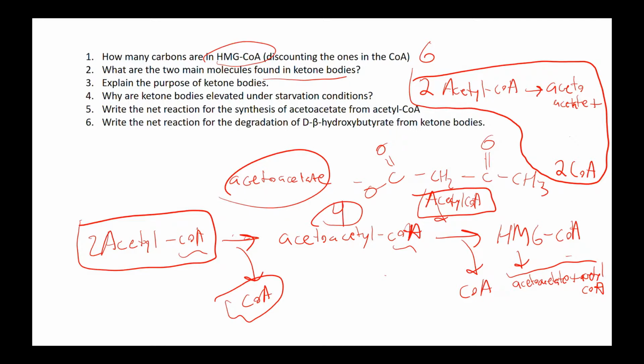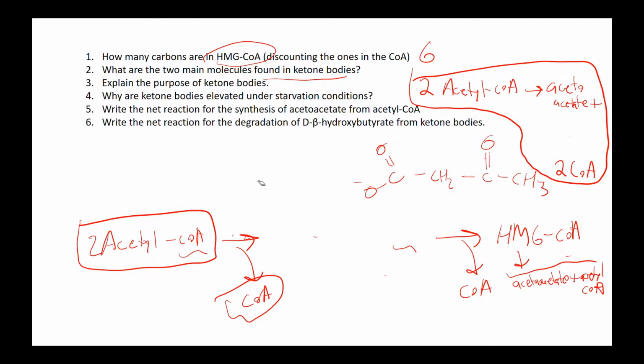Number 6 here, write the net reaction for the degradation of beta-hydroxybutyrate from ketone bodies. All right, well, in order to degrade our ketone bodies, beta-hydroxybutyrate, I'm just going to abbreviate here, gets turned into acetoacetate, so we're going from an alcohol to a ketone.